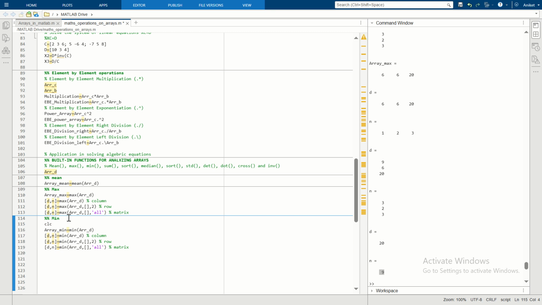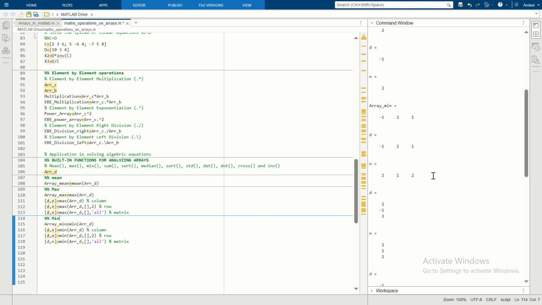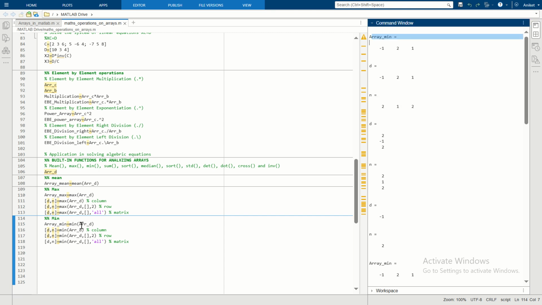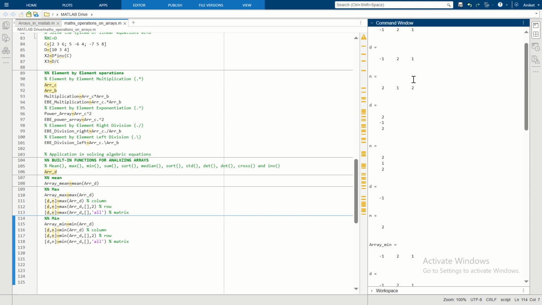I'll add clc here. So array min is giving a column wise minimum. You can see here minus 1 is the minimum element in the first column, 2 is the minimum element in the second column, and 3 is the minimum element in the third column, and these are the element numbers.